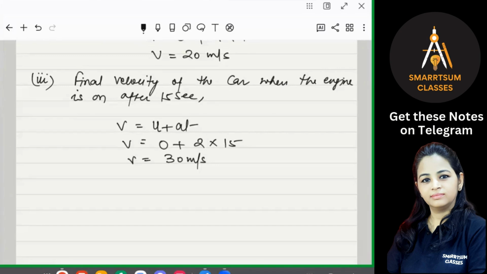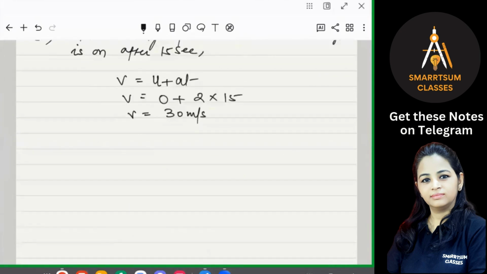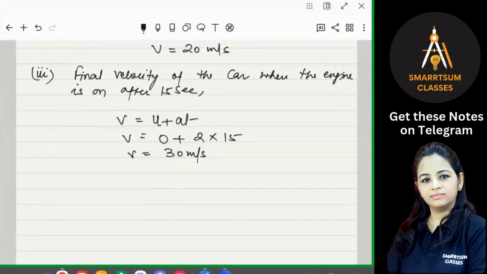Now, what will you find now? So tell me how you proceed after this. Since we have found out the velocity attained by the car after 15 seconds, that is 30 meter per second. Are you getting that? Right.